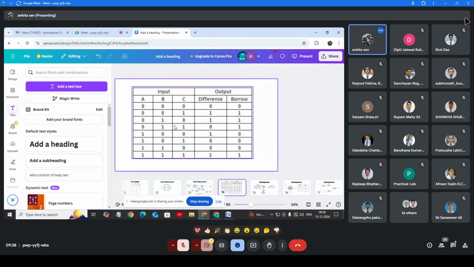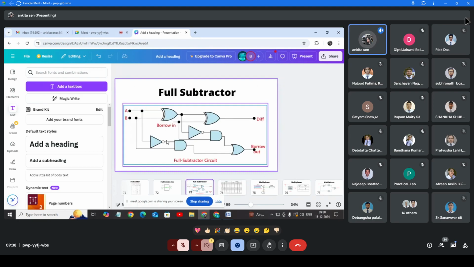Okay, otherwise there is a shortcut trick to remember this type of long truth table. One is that you need to calculate from here.